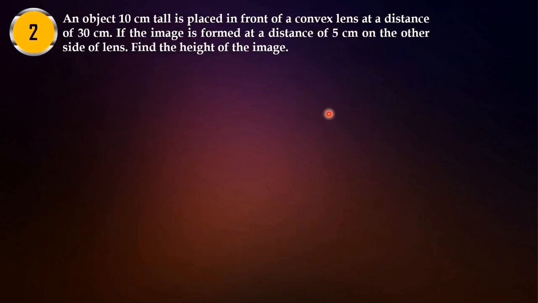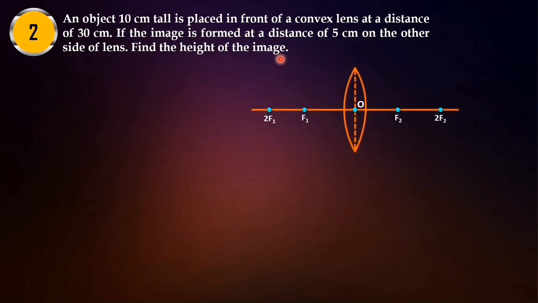Okay guys, now take the next question. An object 10 cm tall is placed in front of a convex lens at a distance of 30 cm. If the image is formed at a distance of 5 cm on the other side of the lens, then find the height of the image. Well, this question is just similar to the first one, right? I hope you can try by yourself.